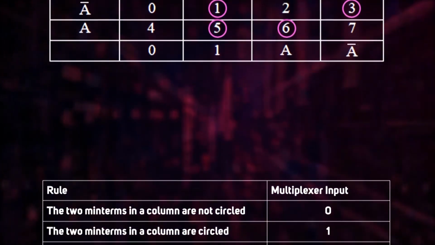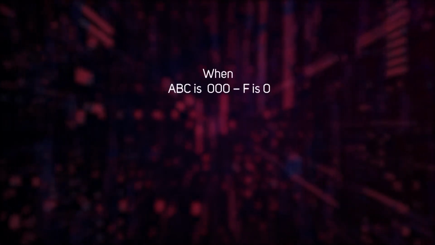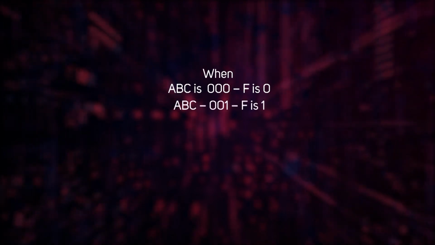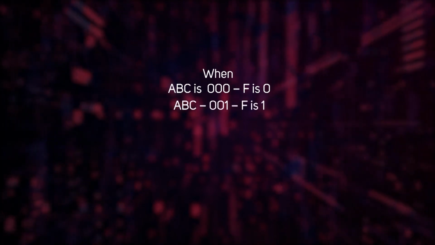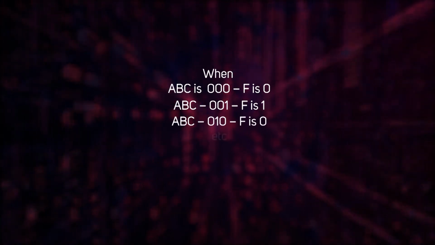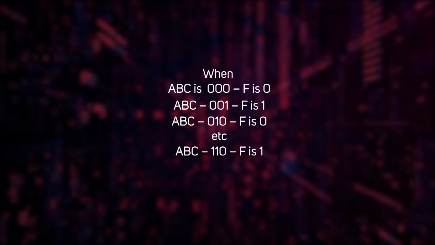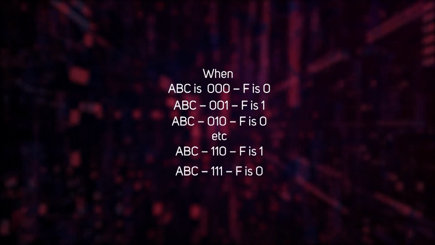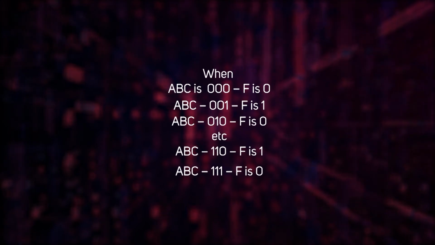Now, we can write the truth table as when ABC is 0, 0, 0, F is 0, ABC is 0, 0, 1, F is 1, ABC is 0, 1, 0, F is 0, etc. ABC is 1, 1, 0, F is 1, and at last when ABC is 1, 1, 1, F is 0.